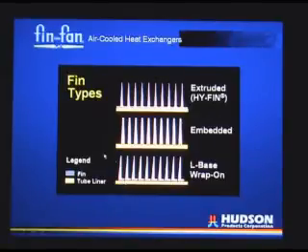At elevated temperatures, you would probably want to go with either an embedded type fin or an extruded fin. For the embedded fin, they'll actually cut a groove in the tube and pinch it back down once the fin is inserted into the groove. The extruded fin is a little bit more elegant.